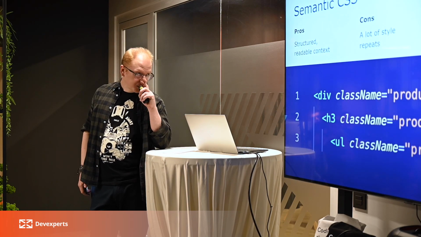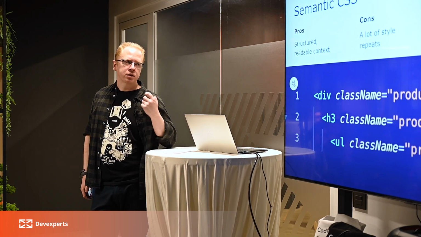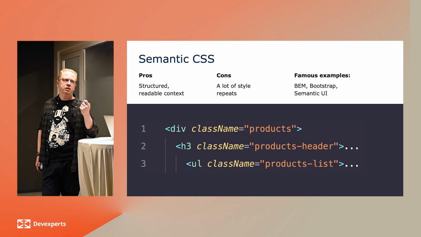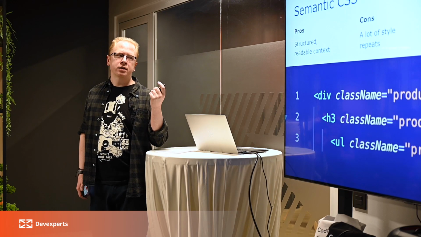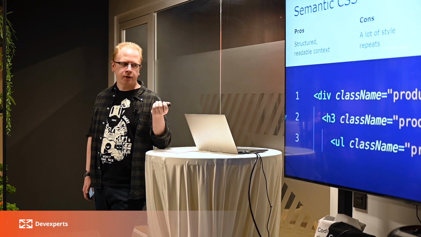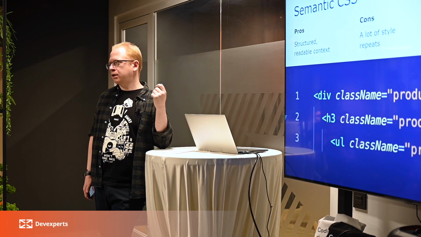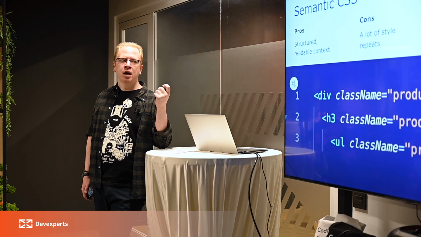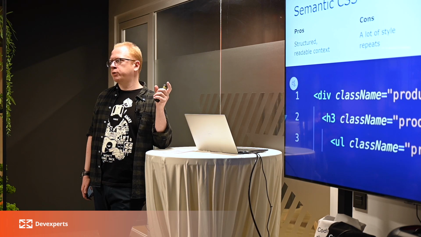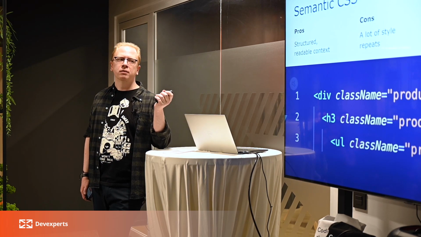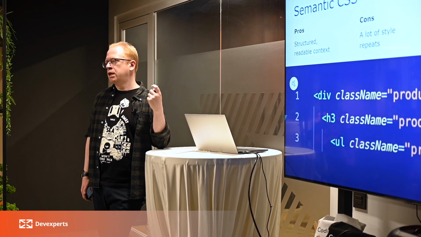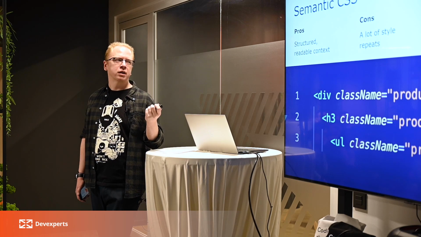And going back to the CSS conventions, one of them is the semantic CSS approach. The idea is that we have context-specific class names, and when using those class names for parent elements, we could use those as prefixes to the child classes.